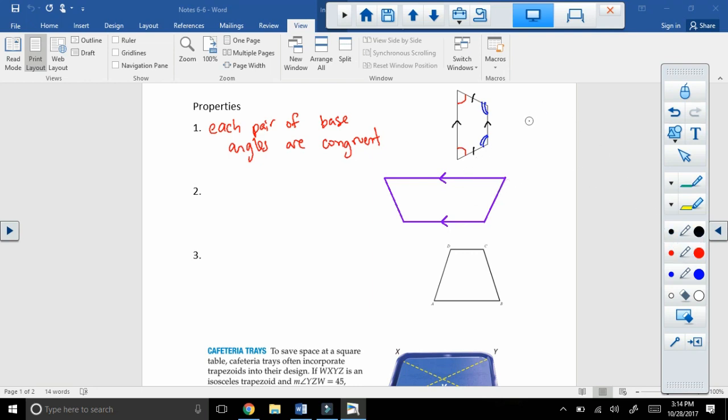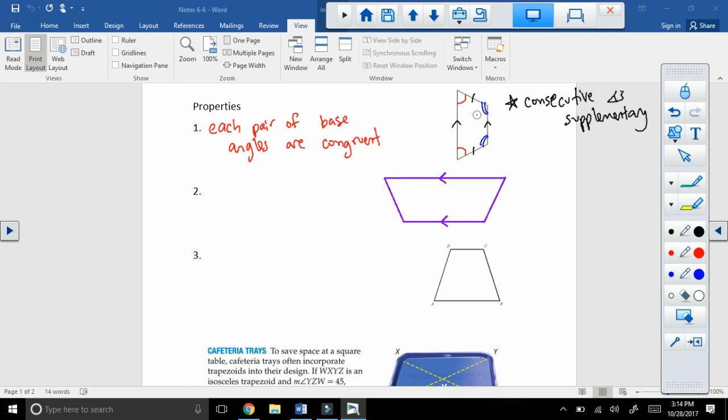One thing quick that is true for every trapezoid, and maybe you just want to make this note off to the side: the angles here are consecutive interior angles. And if you remember from before, those are going to be supplementary, but only the ones where you have the two parallel lines.